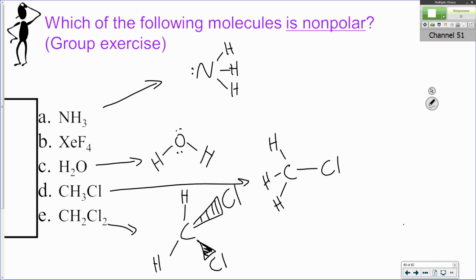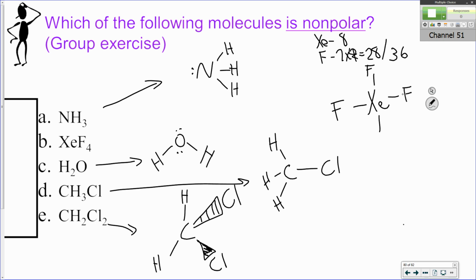All right, so I've got to figure out the xenon. Xenon has 8. Each fluorine has 7. 4 times 7 is 28. So 36 electrons. That uses 8.